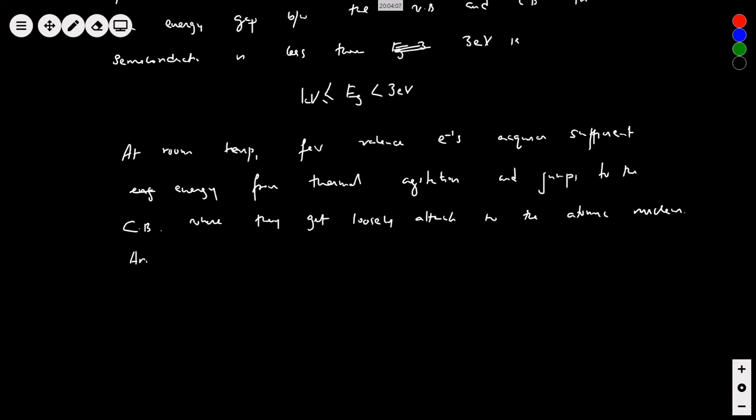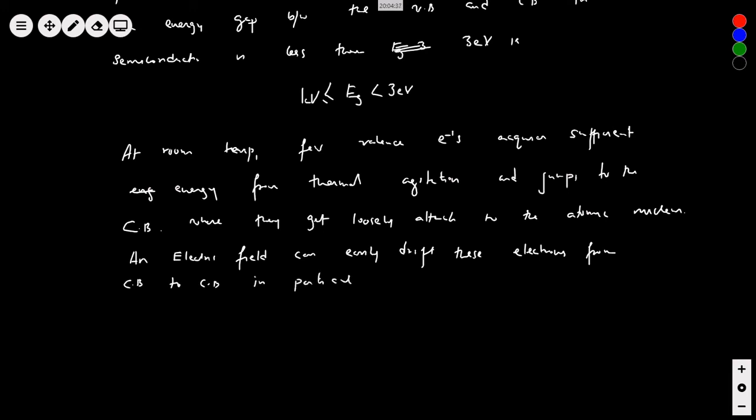An electric field can easily drift these electrons from conduction band to conduction band in a particular direction, constituting a current.